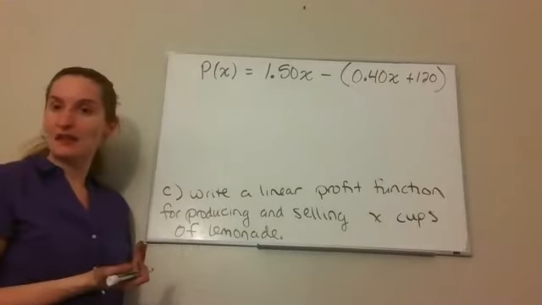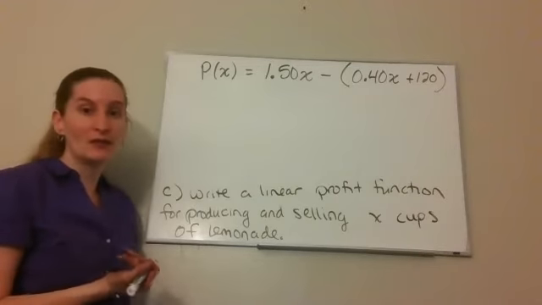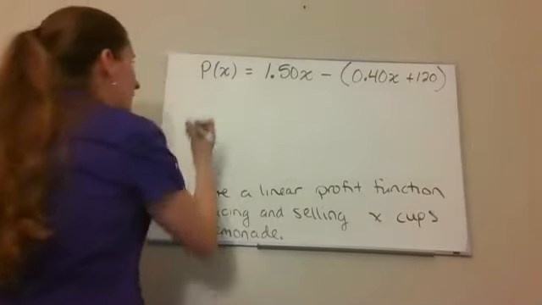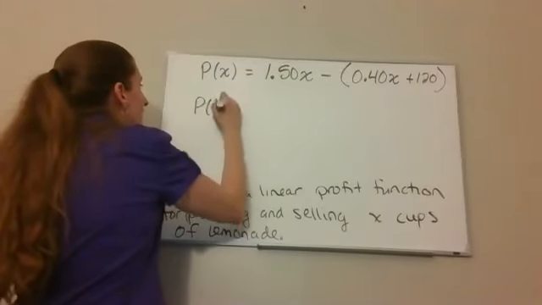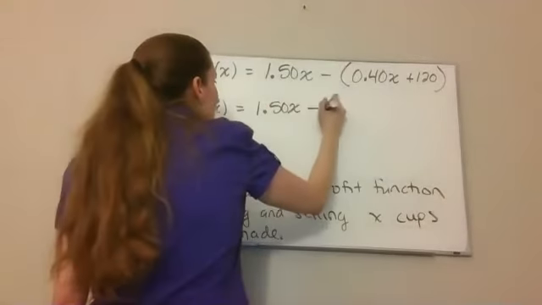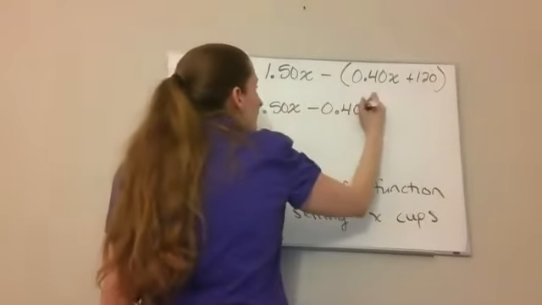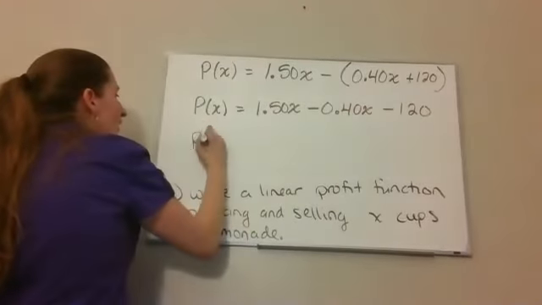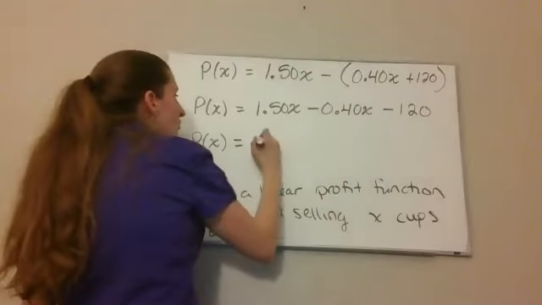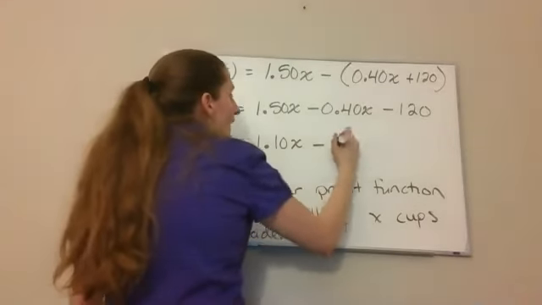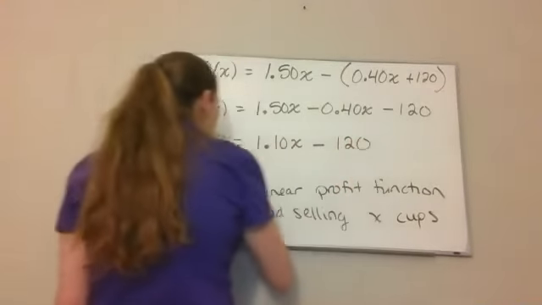I put parentheses around my cost function to make sure I didn't forget I was subtracting about halfway through. I'm going to simplify this profit function by distributing my negative and then combining my like terms. So I get a minus 0.40x and a minus 120. So I get my profit function is equal to 1.10x minus 120.